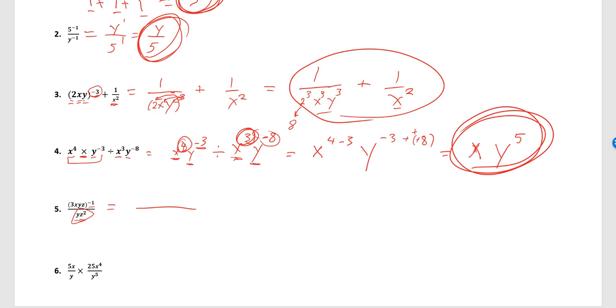So the yz squared on the bottom remains the same, it doesn't change. But then the 3xyz comes down here with a power of positive 1, so 3xyz. And then up here, of course, we're going to have a 1.